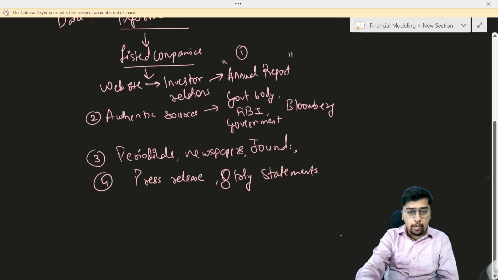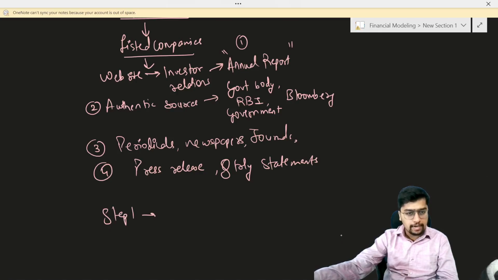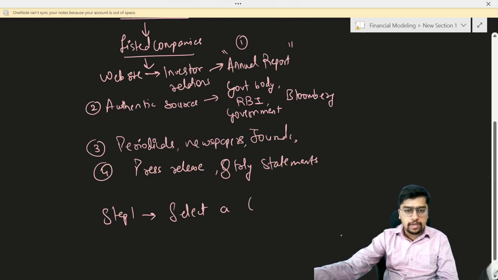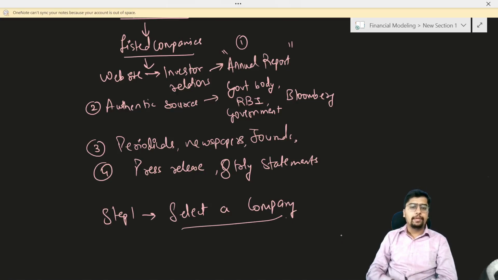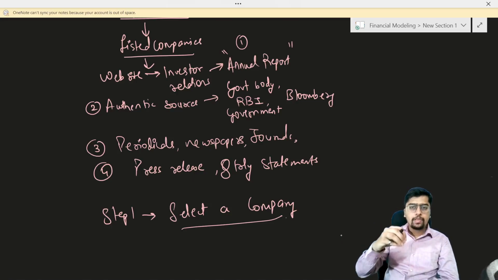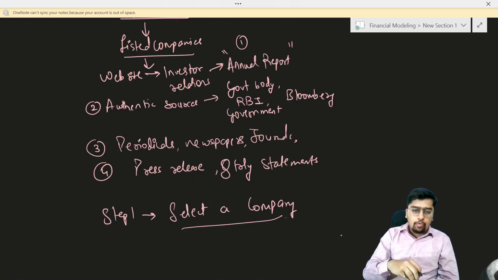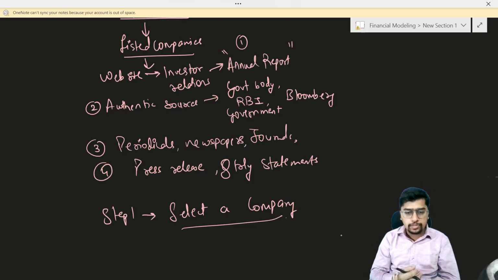Now, let us go to step one. By using these tools, let us freeze step one now itself. Step one is you need to select a company, a listed company whose working you are going to go through. This is an important thing because of how you are going to select a company at a very initial stage. Select a company which has fewer deviations.